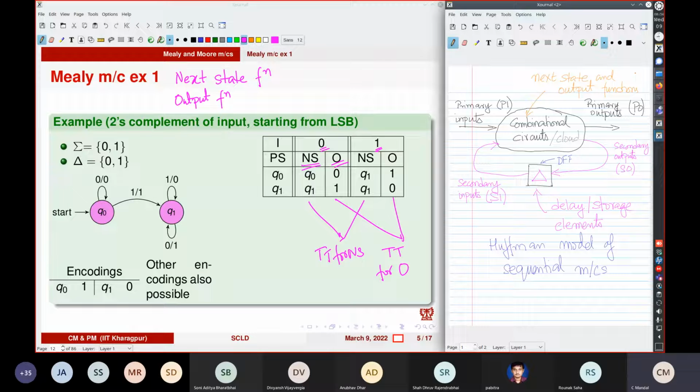Once you do that, you're able to realize your combinational circuit.